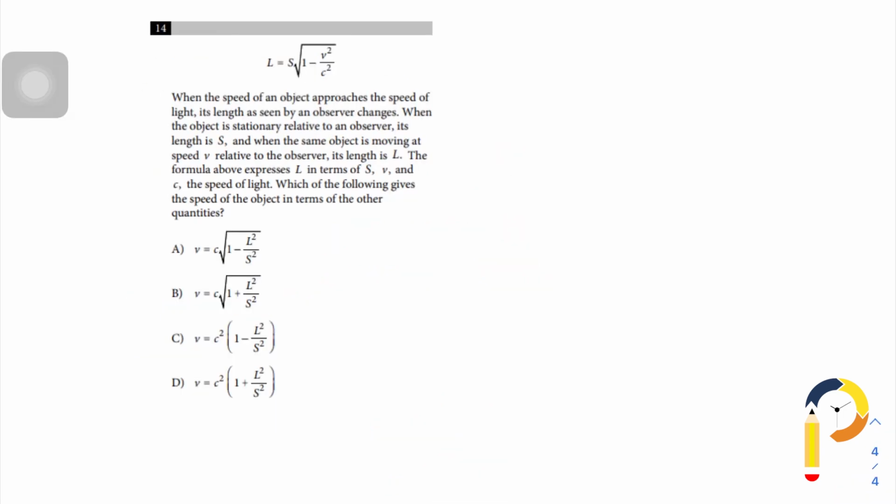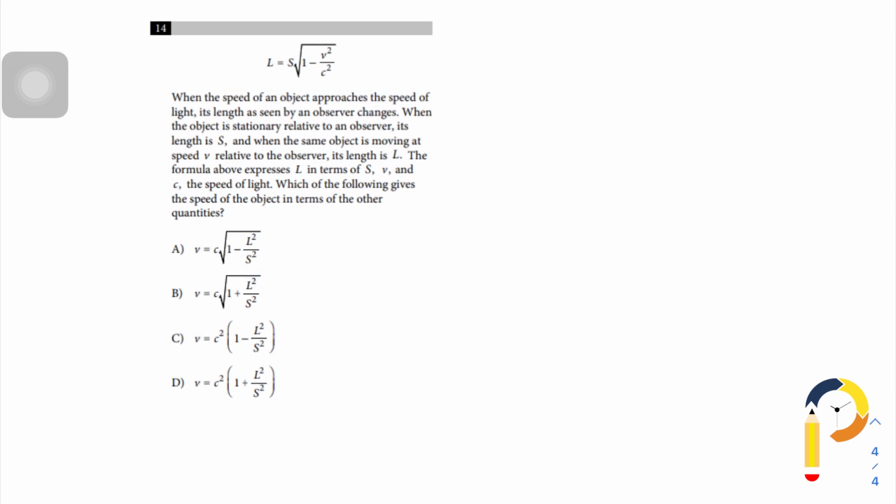This is question number 14. We have been given a formula: L is equal to s times the square root of 1 minus v square by c square. We have been given a few lines in the question also. But do you think you need to read those lines? Look, SAT generally gives you this type of question, but believe me, you don't need to read those lines.